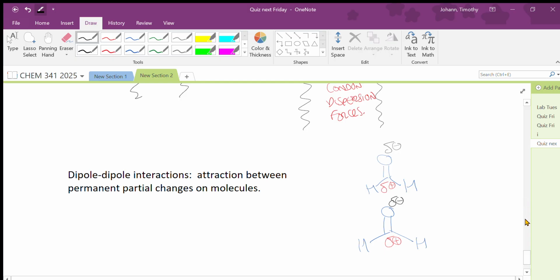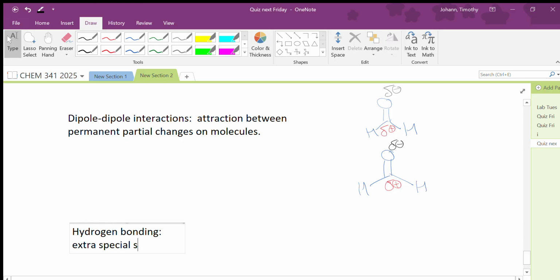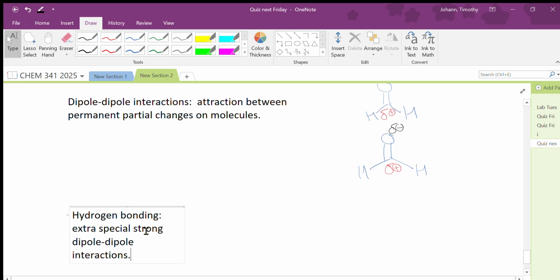Two minutes. Hydrogen bonding. I am just going to define it in here, it's a little more complicated than this. Hydrogen bonds are just extra special strong versions of dipole-dipole interactions, okay? Don't tell a P chemist I said that.